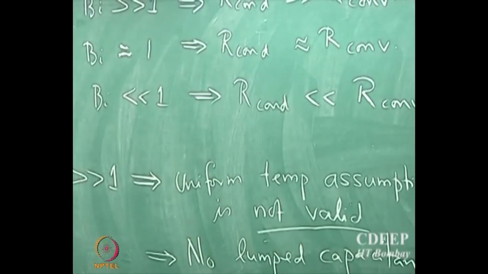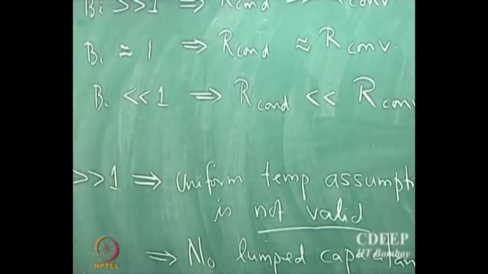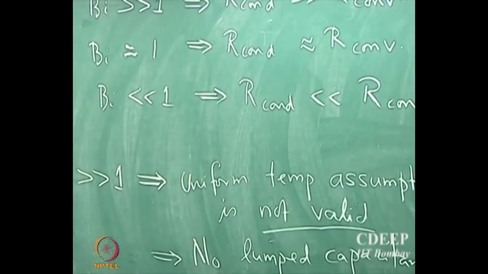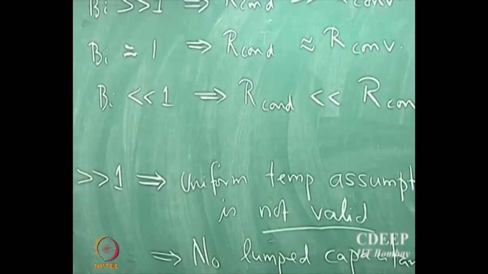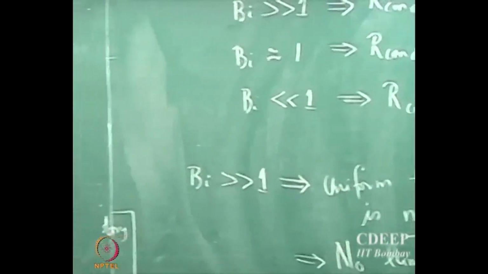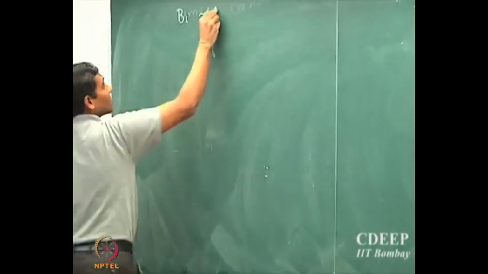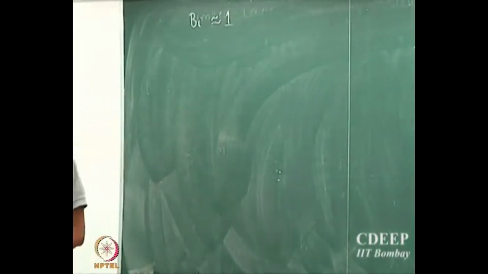Okay. So now it's almost easy to read what happens when Biot is almost equal to 1. What happens when Bi is almost equal to 1? Can we use lumped capacitance? Yes, no?